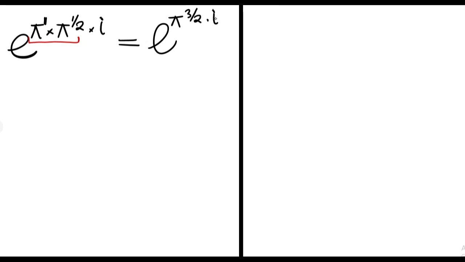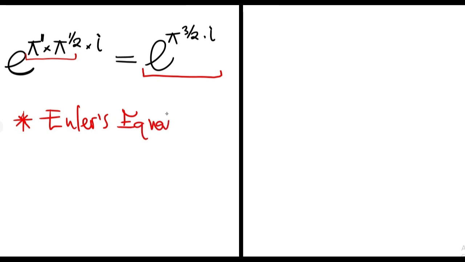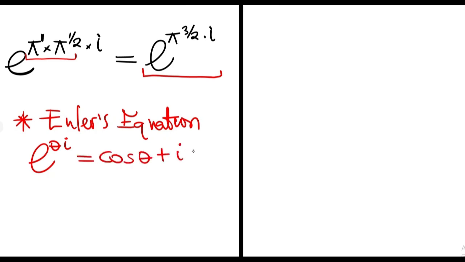So at this point, what am I going to do to this side of my expression? That will make me make reference to Euler's equation. What does it say? Exponential theta i equals cos theta plus i sine theta.